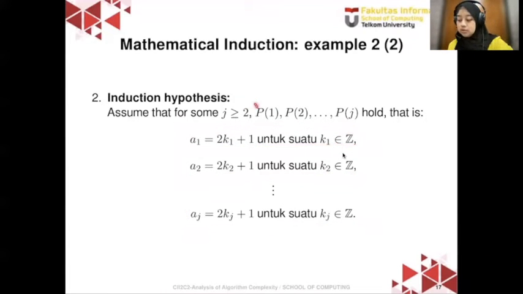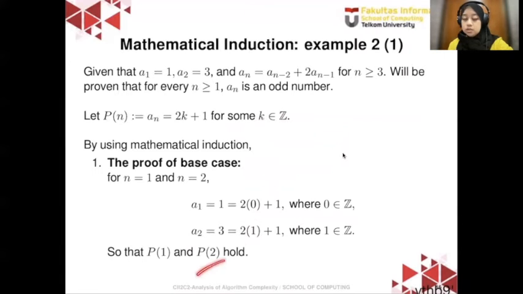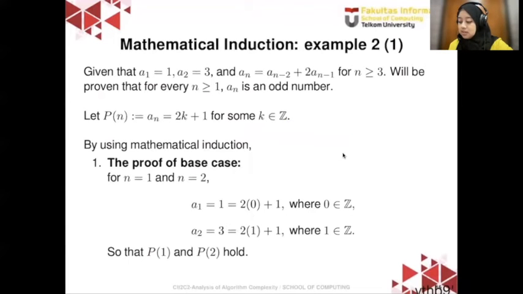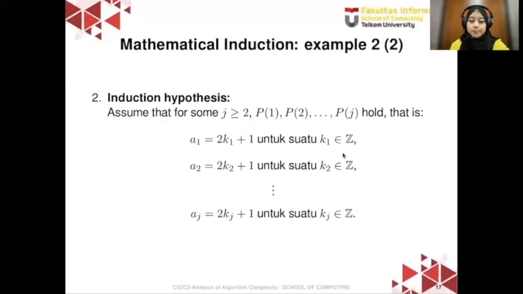Okay, why 2? Because we have proven P_2. That is why we have 2 here. And why from P_1? Because what we want to prove starts from 1. Okay, so this is the induction hypothesis.